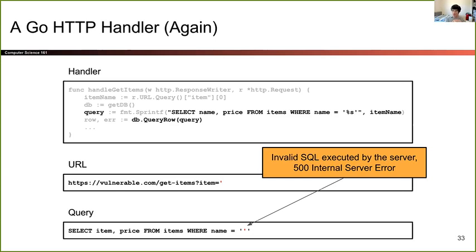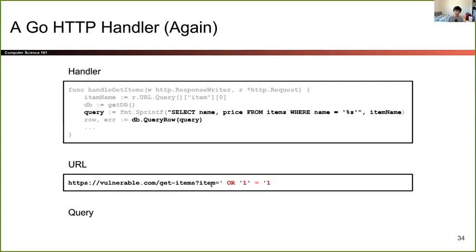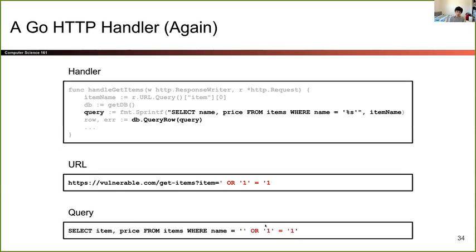We can try to write payloads that are a little bit more subtle than this. So if we said, let's say, quote space or space quote one quote equals quote one, and notice we don't have another quote at the end here. When we take this string and slot it into this name here, we'll get select item price from items where name equals empty string, or quote one quote equals quote one quote. Reading this one more time, this says select item and price as long as either the name is the empty string or the string one is equal to the string one.